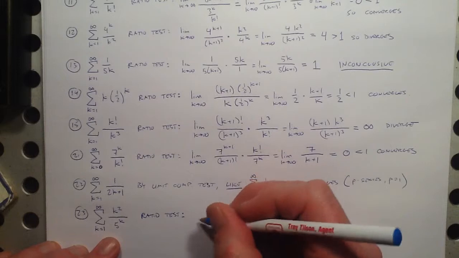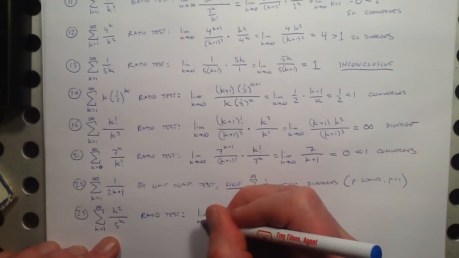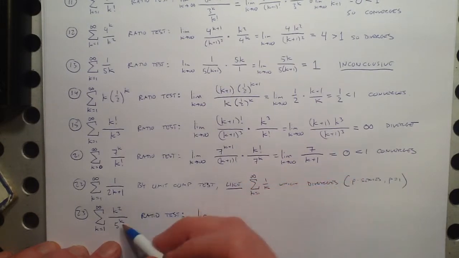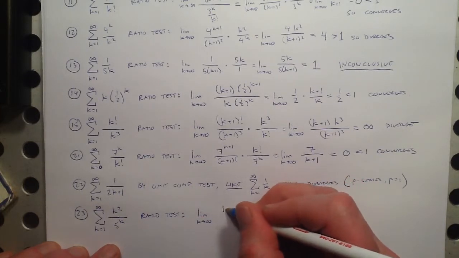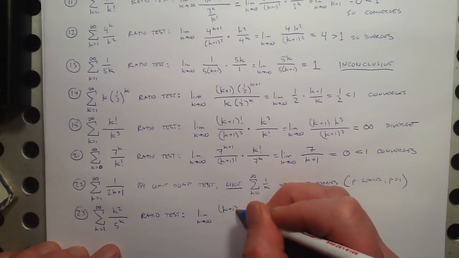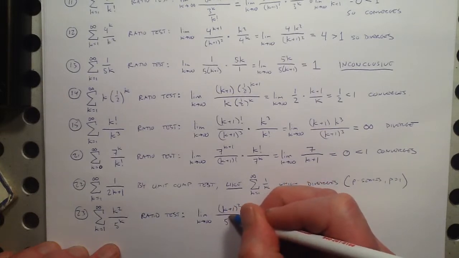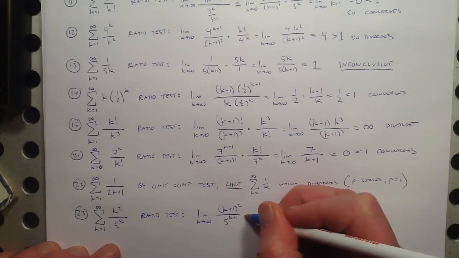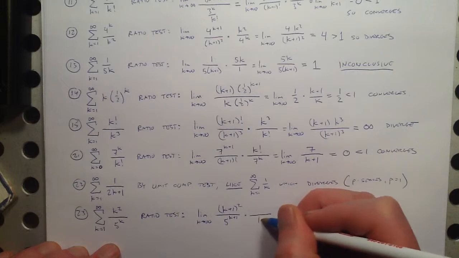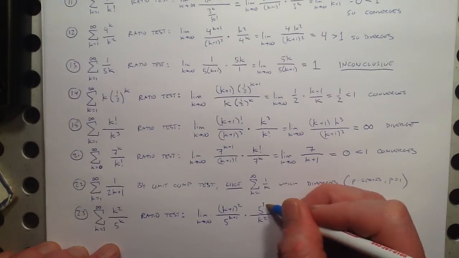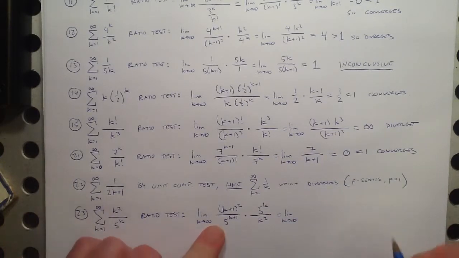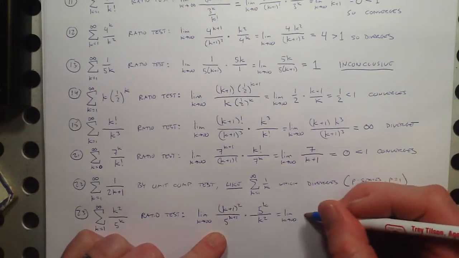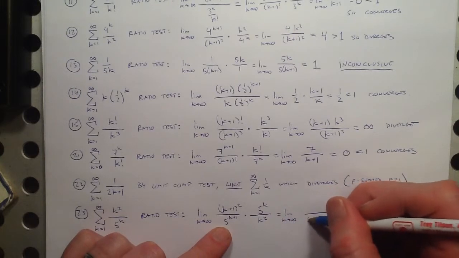So ratio test here, for the limit as k approaches infinity. I'm doing ratio test because I see that 5 to the k. I think that's probably going to be well suited to this test. There's the k plus 1 term divided by the k term. So let's see, when you cancel here, it looks like I got an extra 5 on the bottom.